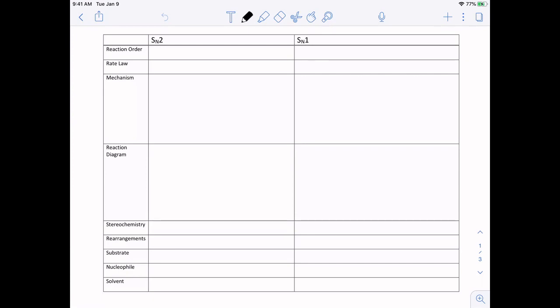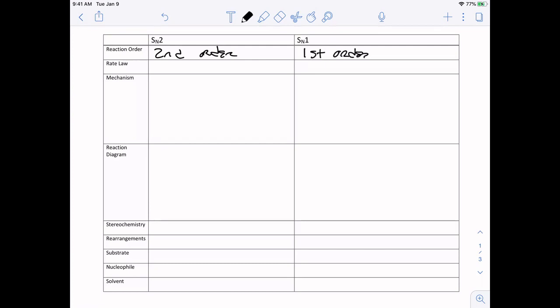Okay, so hopefully you guys are ready to go. So remember, for reaction order, if the 2 is in the name, that means it's bimolecular, so it's second order. So the SN2 is our second order substitution mechanism. And then SN1 is going to be first order.